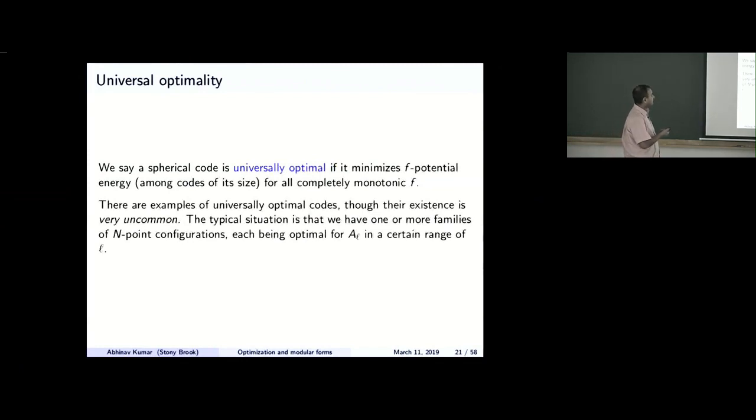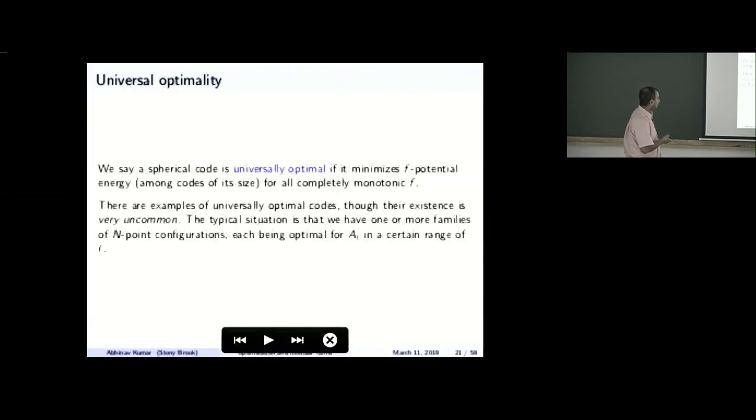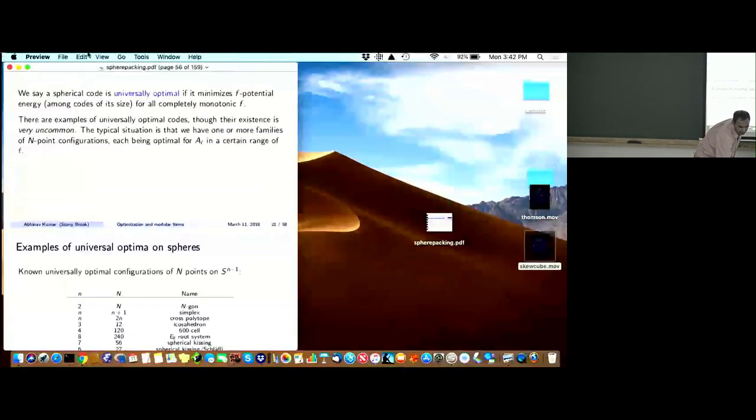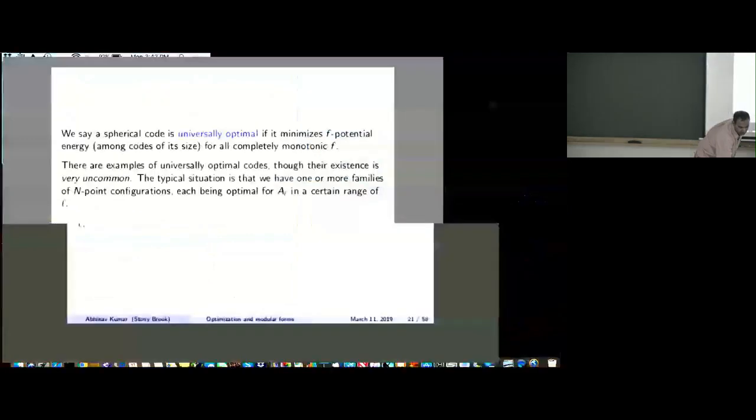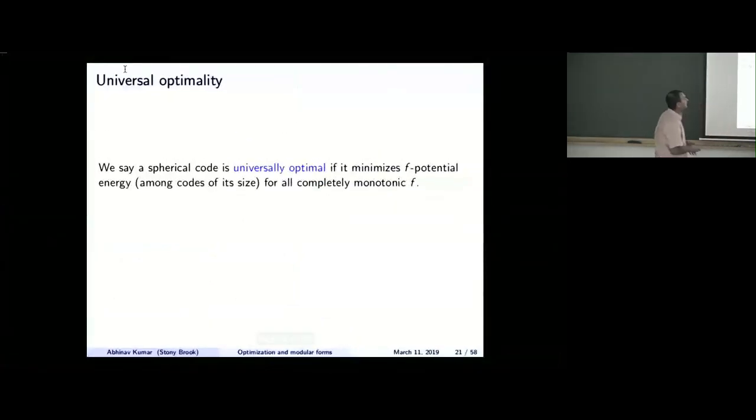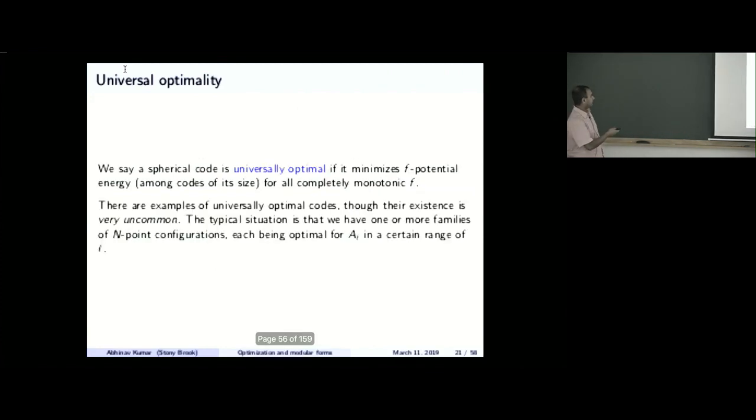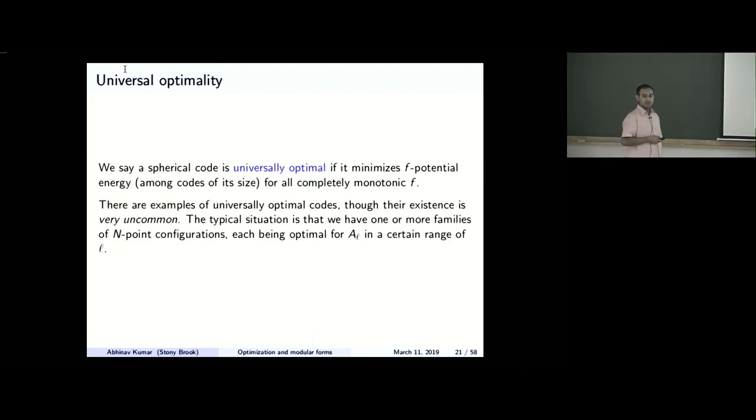So we define something as universally optimal. You say a spherical code is universally optimal if it minimizes everything in sight, everything in sight being all potential functions which are completely monotonic functions of squared distance. And there are examples.